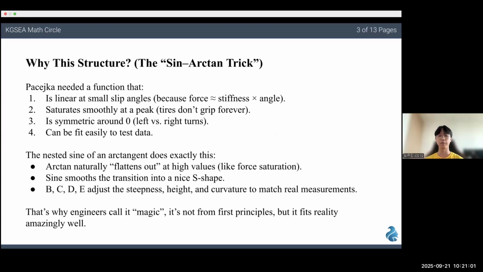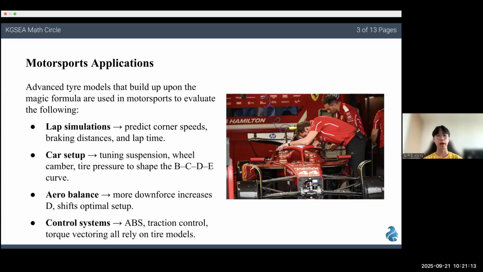It's not from first principles or other famous concrete mathematical theorems, but it still fits reality pretty well, and it's widely used within the motorsports area. And so how is this so-called magic formula applied in motorsports? Advanced tire models that simulate how tires respond and behave are built upon the magic formula.